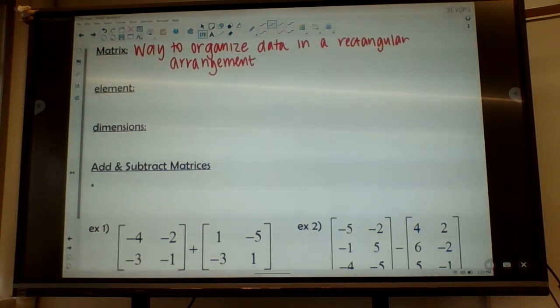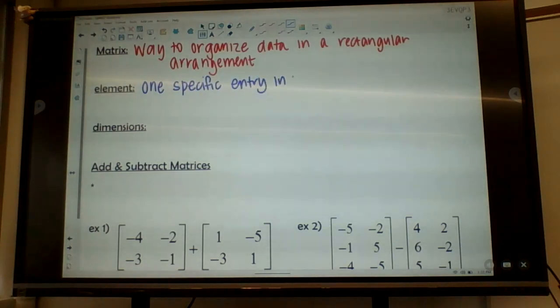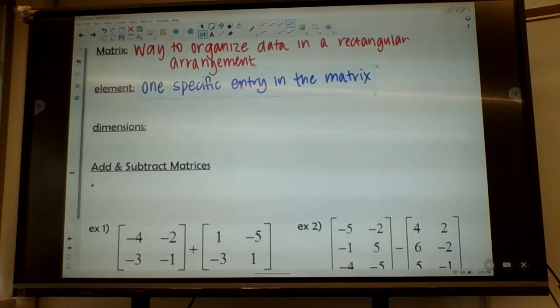If we're talking about a test and how she did on that one test, that's one specific entry in the matrix. For example, like one data point, like your grade on a particular day, or your pay at a particular date at work.